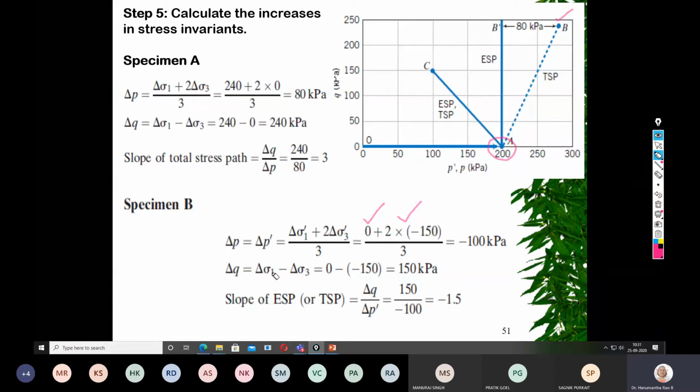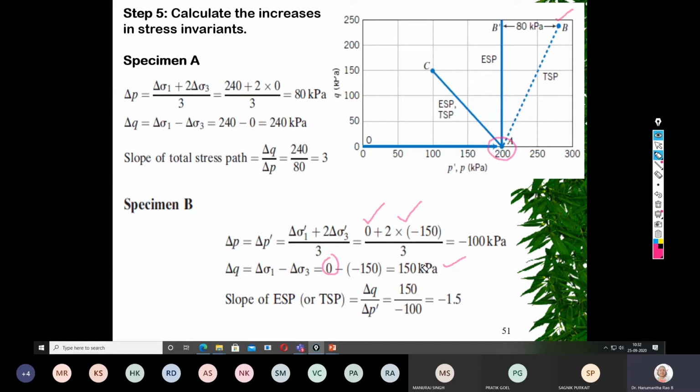And delta Q is nothing but delta sigma 1 minus delta sigma 3. So delta sigma 1 is 0, and minus of minus, so plus 150 kilopascals. So the slope of the effective stress path or total stress path, delta Q by delta P, is minus 1.5.